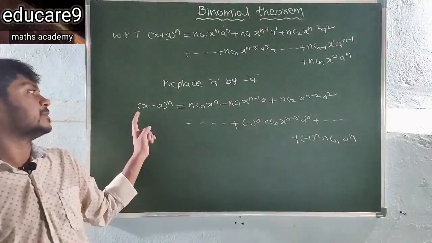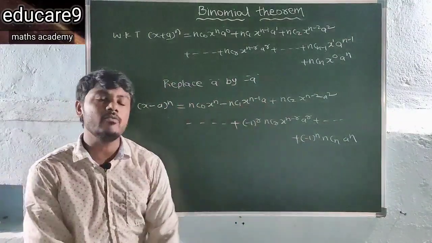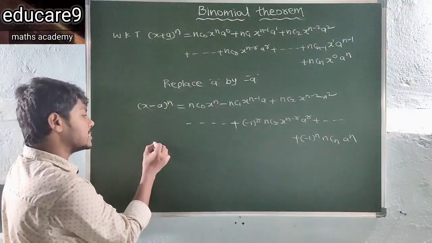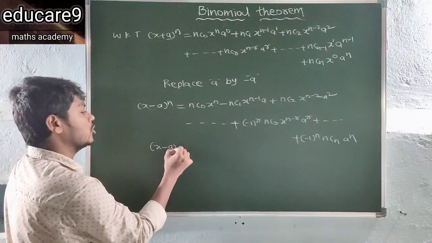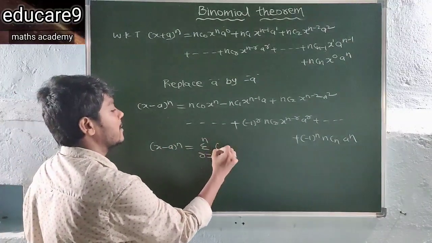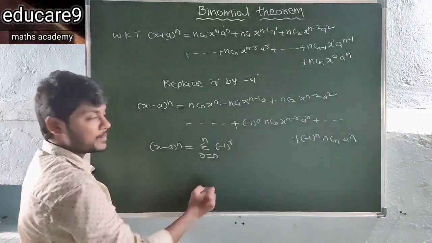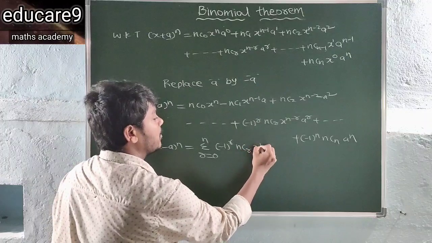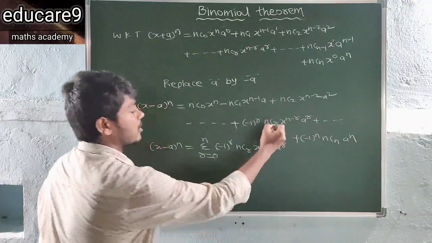So clearly this is the expansion of (x - a)^n. So clearly this can also be written as (x - a)^n equals summation r equals 0 to n (minus 1)^r nCr x^(n-r) a^r.